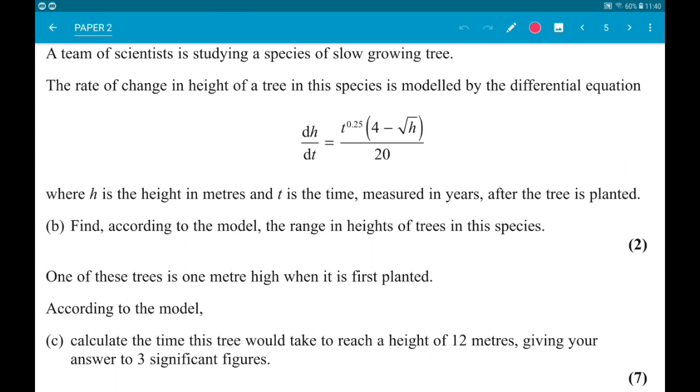Part B. Find, according to the model, the range of heights of these trees.